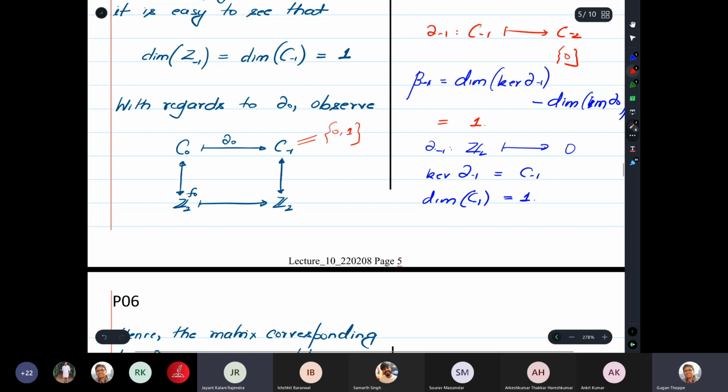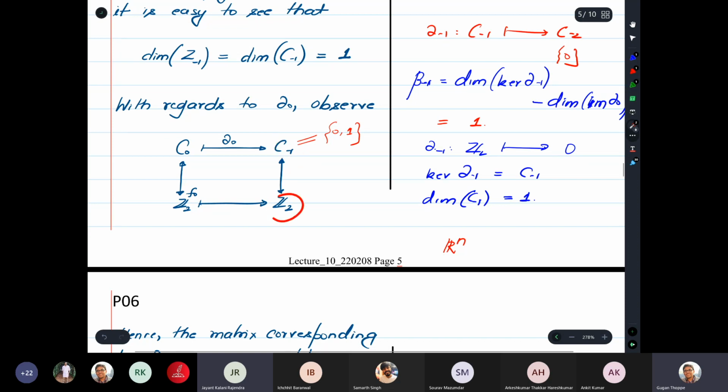What I'm trying to say is, if you look at R^n and ask what the coordinates of the vectors in R^n are, with the standard basis you will say every vector is its own coordinate representation. In the same way, you can think of each element in Z2 as being its own coordinate representation, because C_{-1} is Z2 itself.